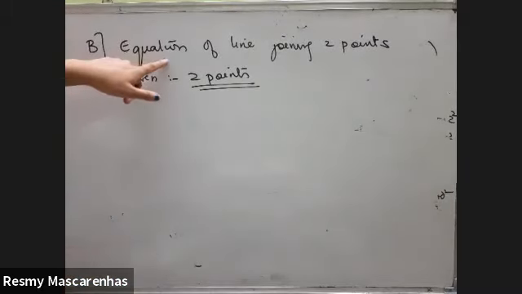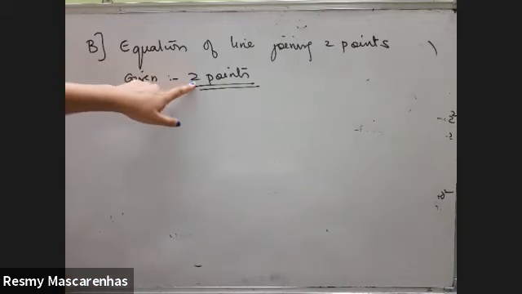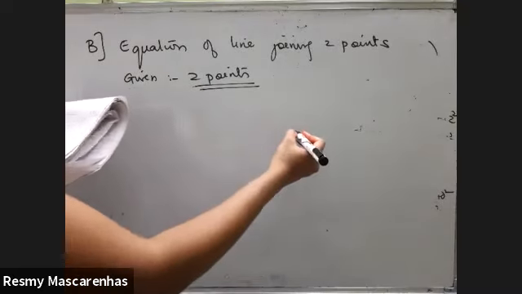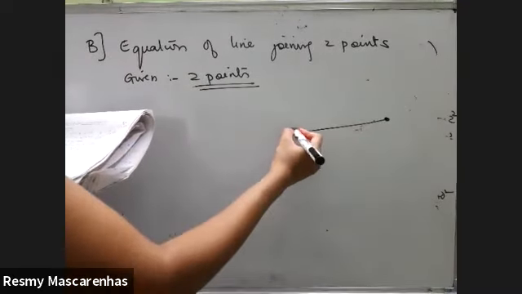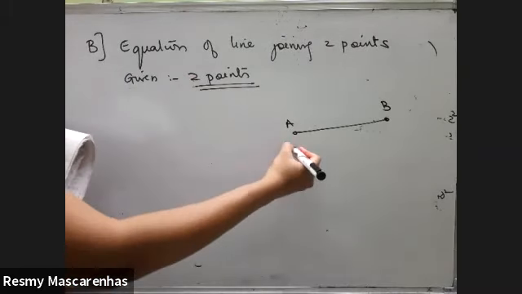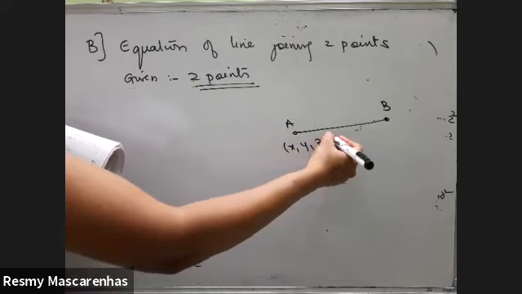Now we want to find the equation of a line, but what is given to me? Just 2 points are given. But what do I need? 1 point and direction ratios also. We'll have to find the direction ratios also of that line. So this is A, B given to you. So the 2 points which are given are x1, y1, z1.